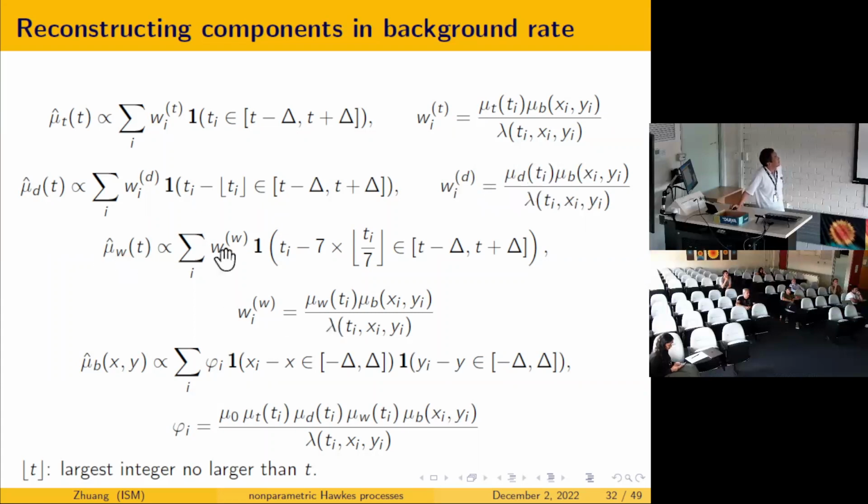And we can also define the one for weekly periodicity, and this is the kind of weight we estimate for the weekly effect. And this is the background part. The background part is simple. We can just use the background probability, where I and J is a background pair. So this temporal part will be integrated to a constant.